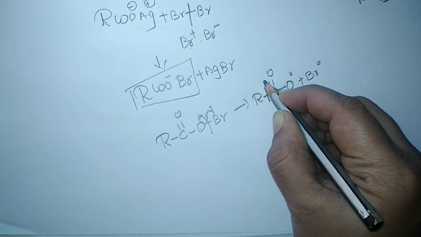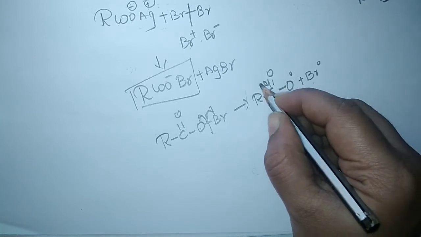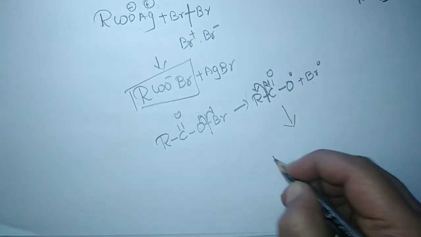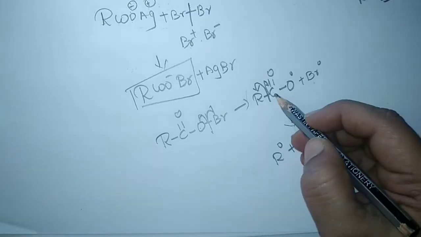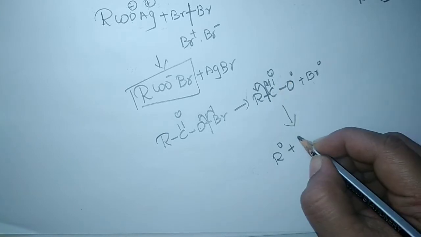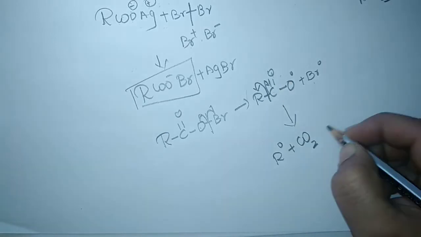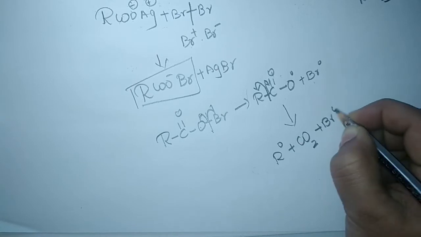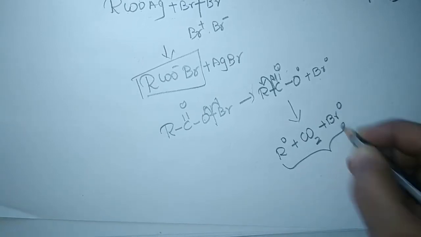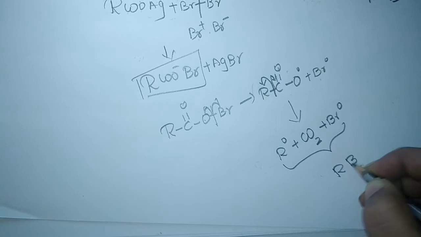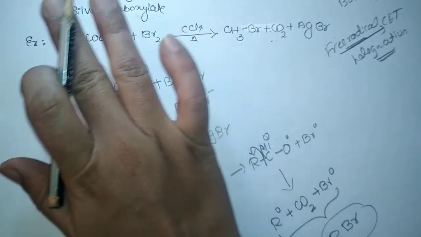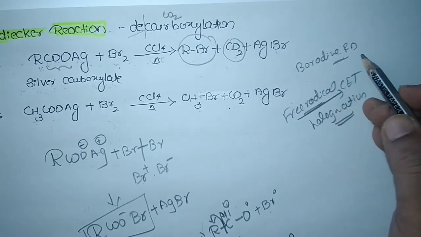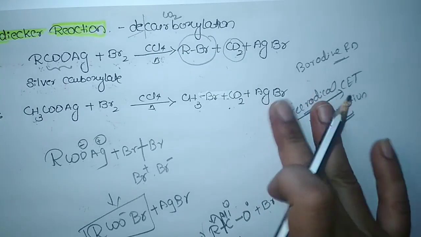One electron goes to the carbon, and one electron goes to R. So it gives R with a free radical, the alkyl free radical, and carbon dioxide, which is stable, and a Br free radical is available. These two combine and give RBr. This is how the mechanism of the Hunsdiecker reaction happens, which is also known as the Borodin reaction. It is a free radical halogenation.